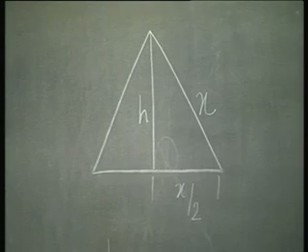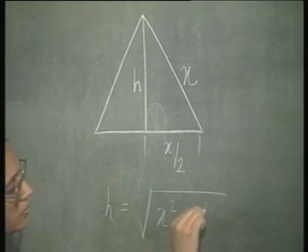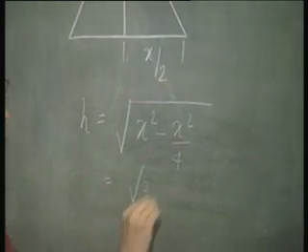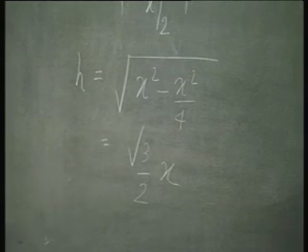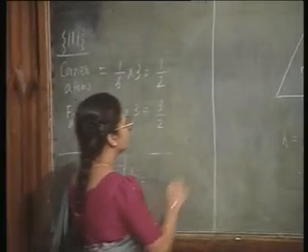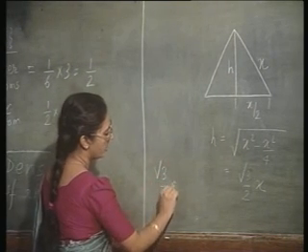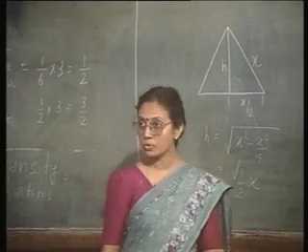Therefore, h is root 3 by 2 x. Therefore, the area of this triangle will be given by root 3 by 4 a square, that is the area, right, because x is actually root 2 a.